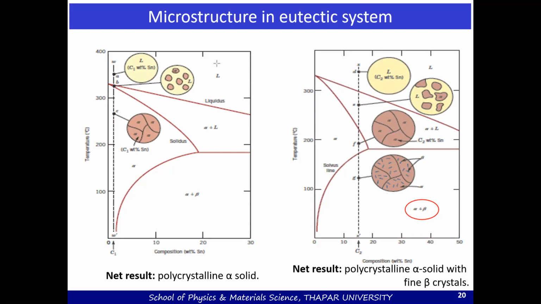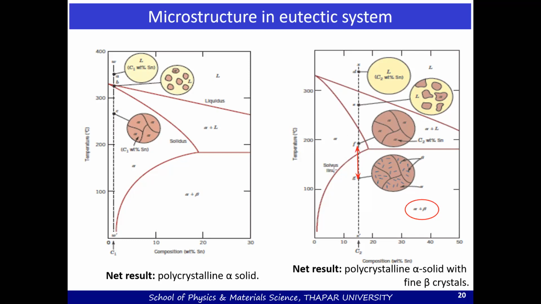You were coming from the alpha region. Here it was the alpha region, and we are cooling it further. So from F to point G we are moving. At point F, what do we have? We have the entire product as alpha solid. So everything is in a solid phase.